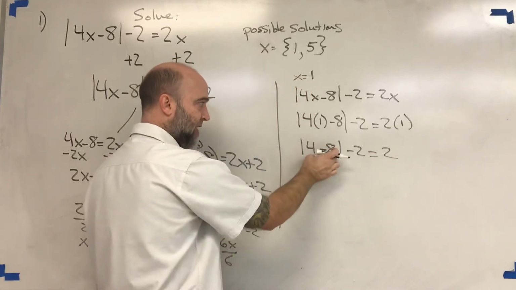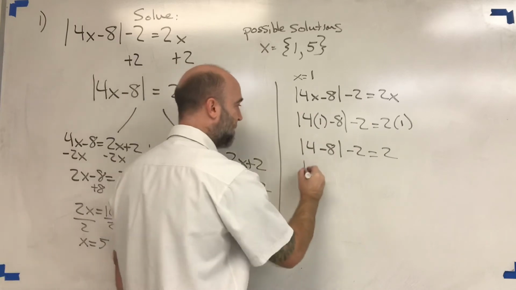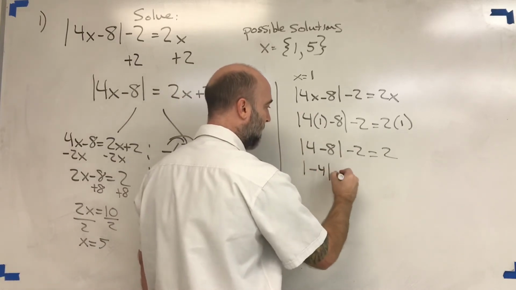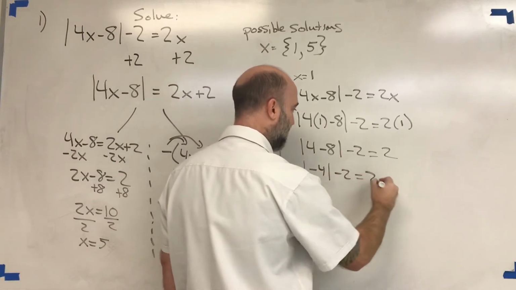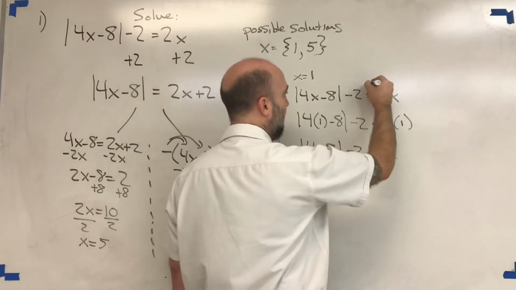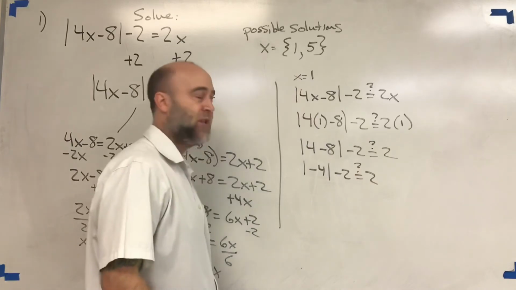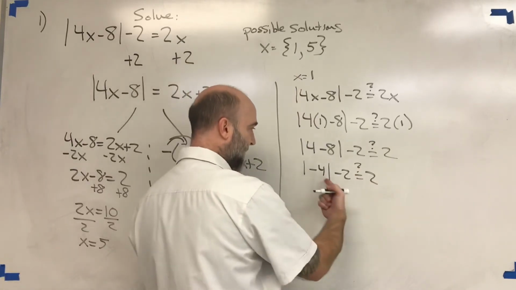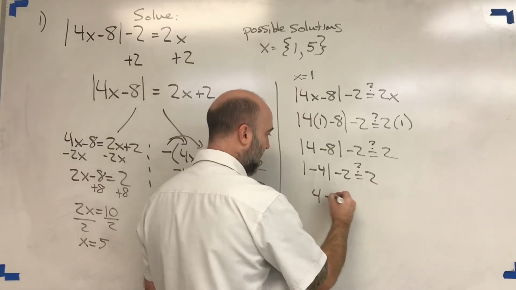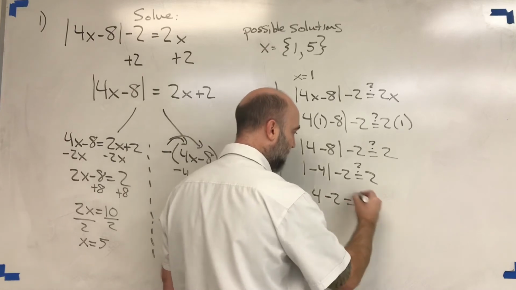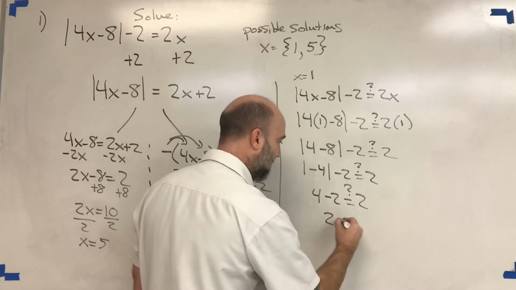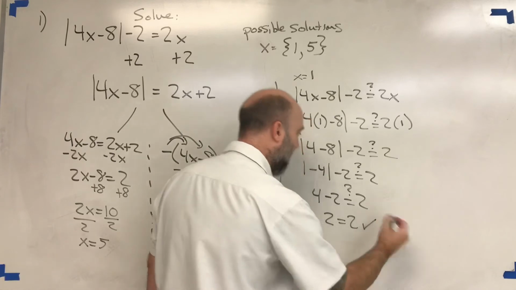We're simplifying. This is like parentheses, so I take care of that first. That's a negative 4, minus 2 equals 2. And this is a check. I like having my question marks right here. I'm checking to see if this works or not. So the absolute value of negative 4 is positive 4, minus 2 equals 2. Is that true or not? Yes, 2 does equal 2. I'm okay with that one.